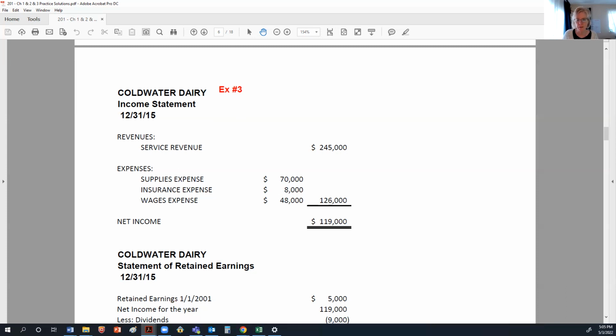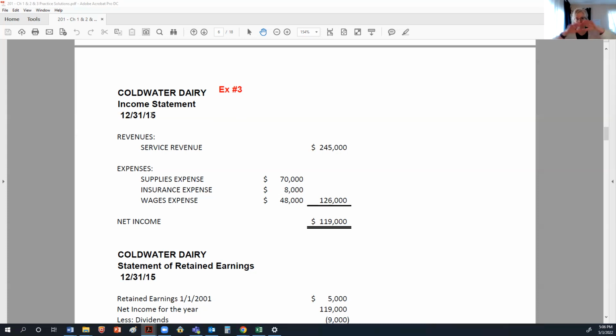For the retained earnings statement, it is also for the period ending. So for the income statement and retained earnings statement, the date should say for the period ending. But for the balance sheet, it doesn't say that. It says as of. So just know the difference.